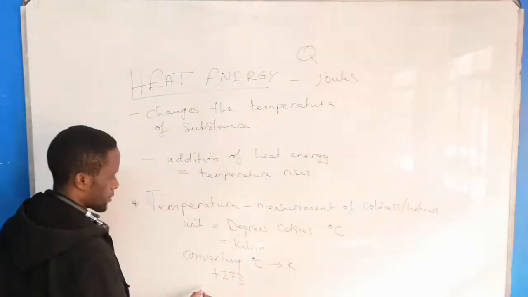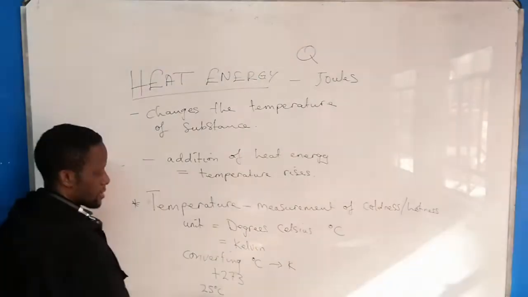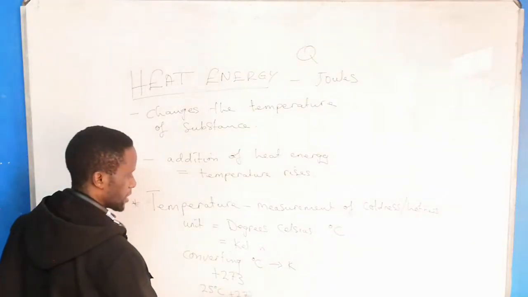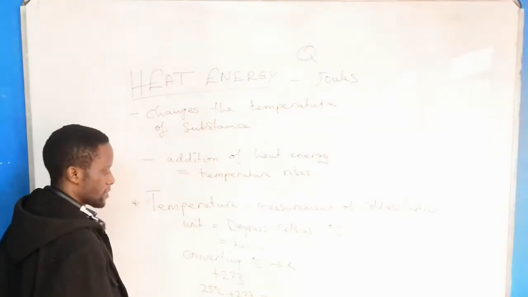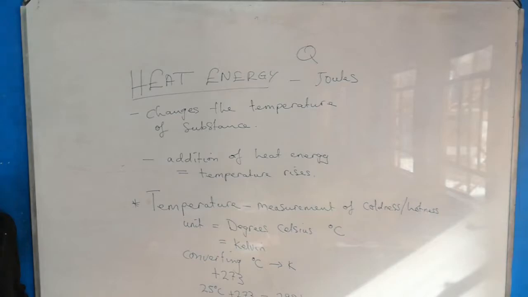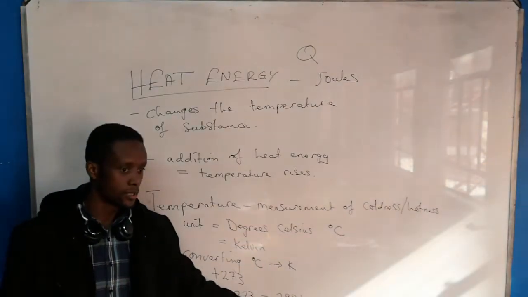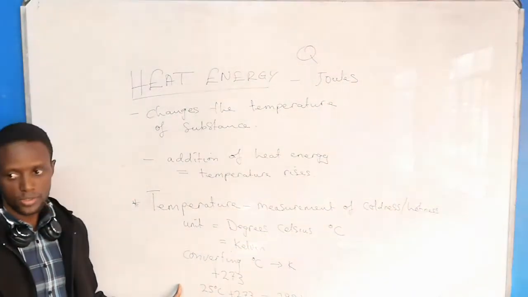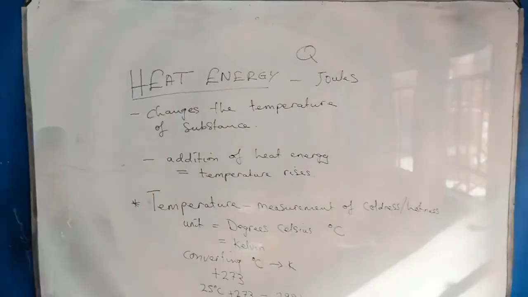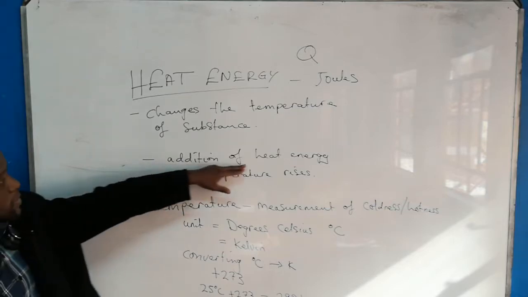For example, if you have a temperature of 25 degrees Celsius, when you add 273, that gives us how much? 298 Kelvin, and 25 degrees Celsius, it's the same temperature. It's the same kind of hotness, only in a different unit. Okay.